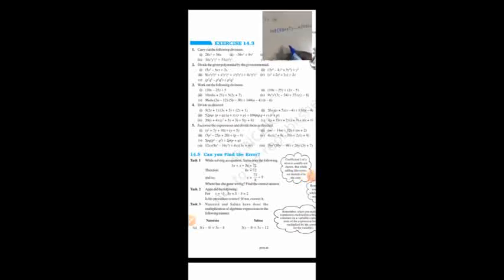This is question number 3, third part. This is given 10y into 6y plus 21 divided by 5 into 2y plus 7. So we write it 10y into 6y plus 21 divided by 5 into 2y plus 7, okay.